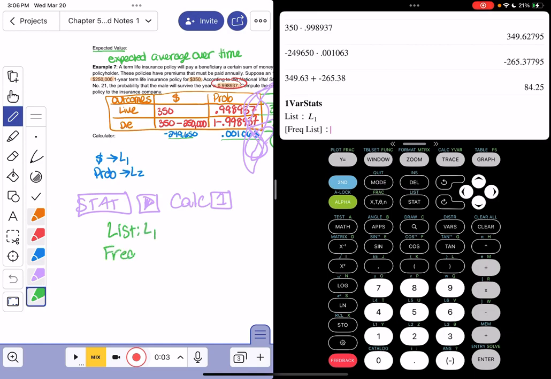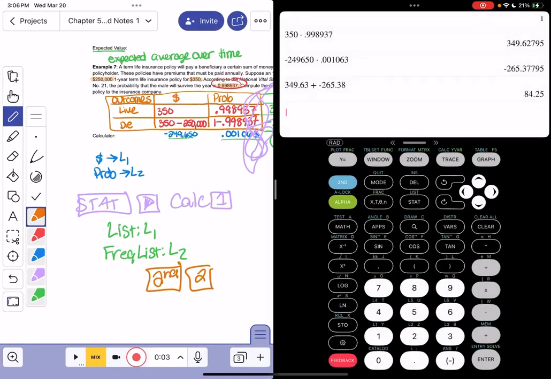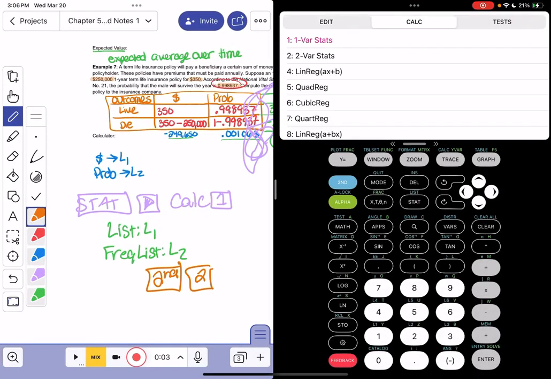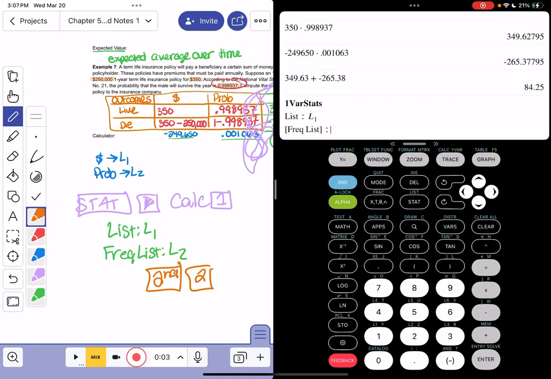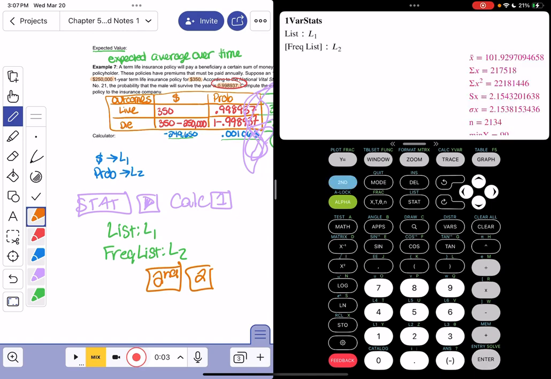And then frequency list, we want it to say L2, because that's where our probabilities are. To get L2, you hit second 2 on your calculator. Second is the blue button, 2. And I don't know why my calculator keeps shutting down when I do this. So you would hit second 2, and then it would calculate your money.